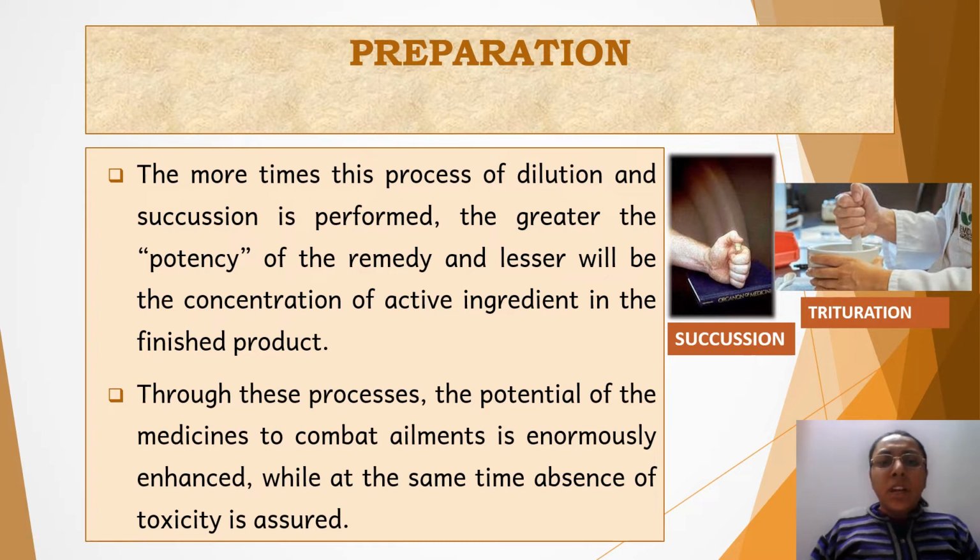Now, the more times this process of dilution and succussion is performed, the greater the potency of the remedy will be and the lesser will be the concentration of active ingredient in the finished product. Through these processes, the potential of the medicines to combat the ailments is enhanced and also toxicity is reduced.